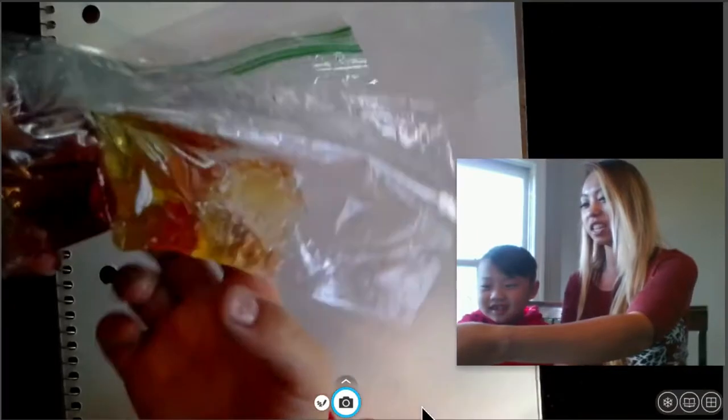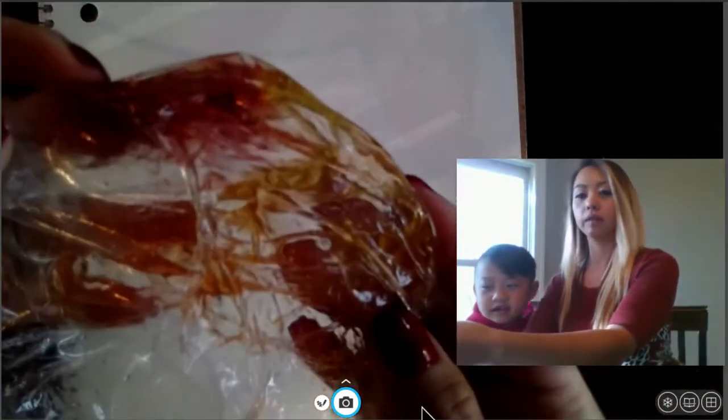Go ahead and squish it. Did it lose its shape? Let's show them and see what they think. Okay, so sometimes it depends on your water, how hot it is. That could happen. Now let's look at Starburst.